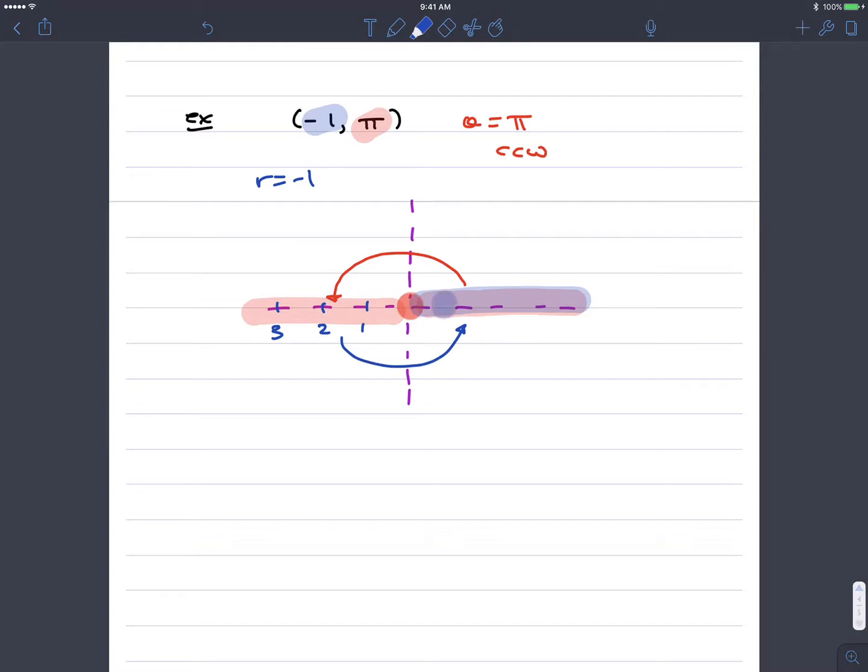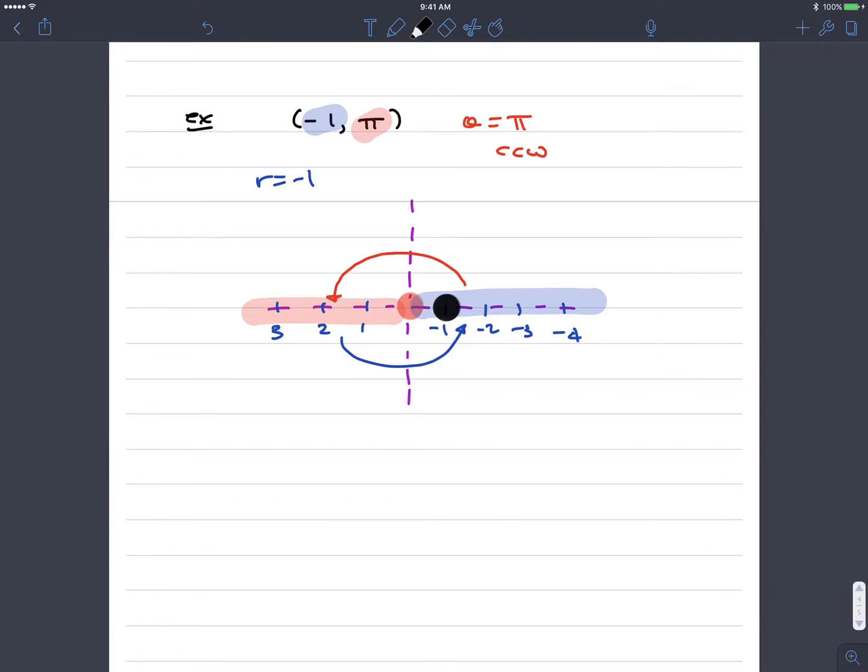Every value here is now going to be a negative radius. Negative 3, negative 4, whatever. I only need negative 1. Good. Where is that? Right here.